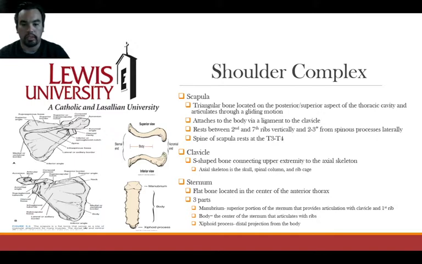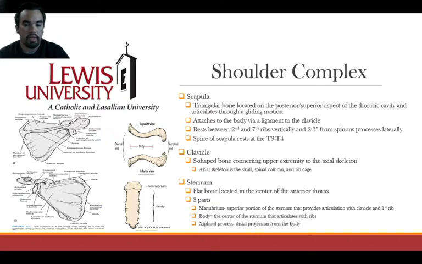It rests between the seventh and the second ribs, and from about 2 to 3 inches lateral to the spinal column. The spine of the scapula rests at around T3 to T4, and what that means is the thoracic third vertebrae and the thoracic fourth vertebrae.